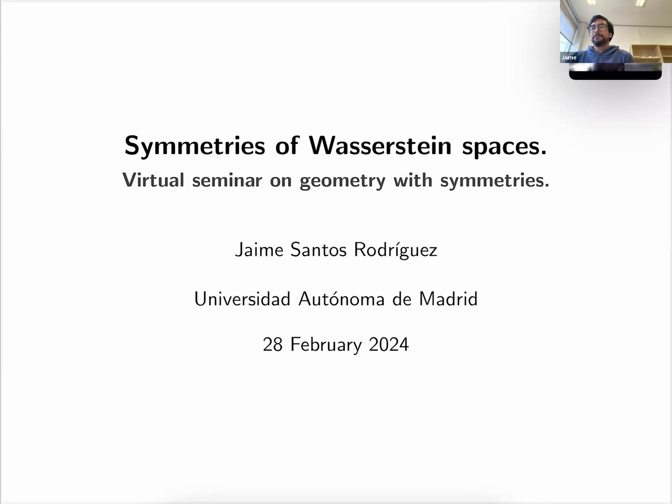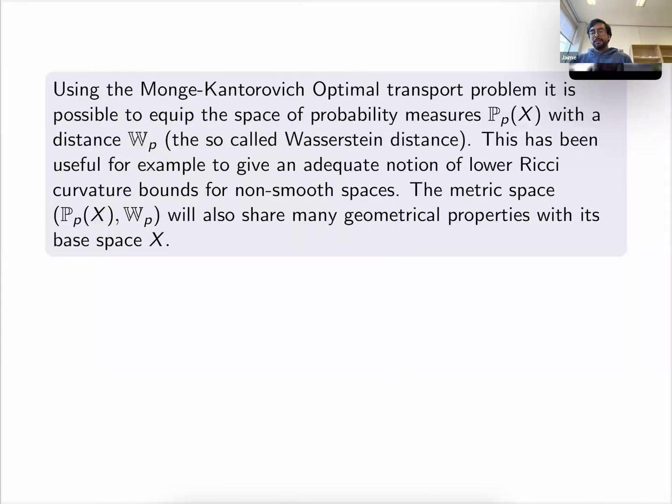First of all, I would like to thank the organizers for letting me speak today. And as Fernando just told everyone, I will be speaking about symmetries of Wasserstein spaces. Using the Monge-Kantorovich optimal transport problem, we can put a metric on the space of probability measures, and with this new metric space you can do many things.